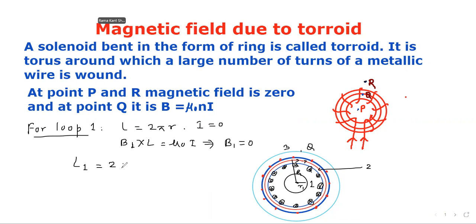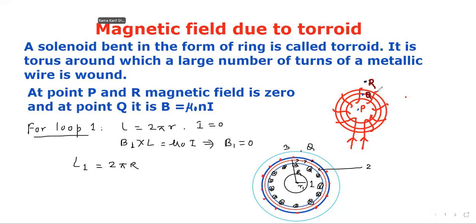That will be equal to 2 pi R. And the current enclosed by it is I, but there are n turns here. Here the wire is going inside, here the wire is coming outside. This tells the direction of current.